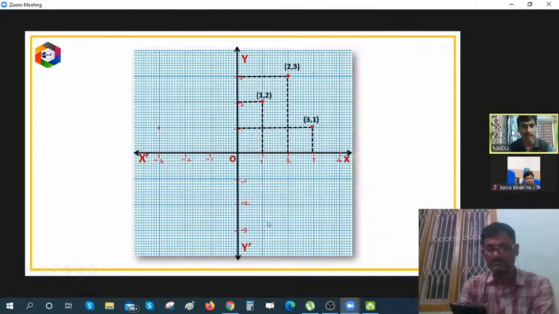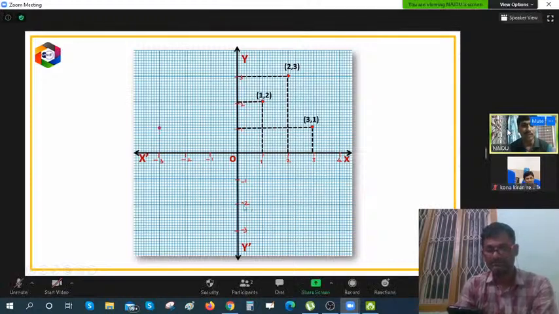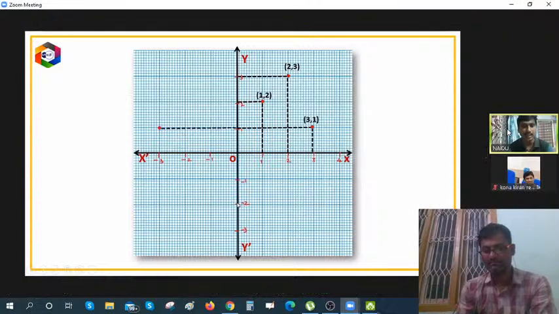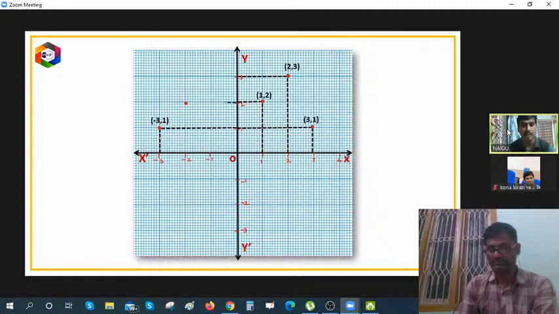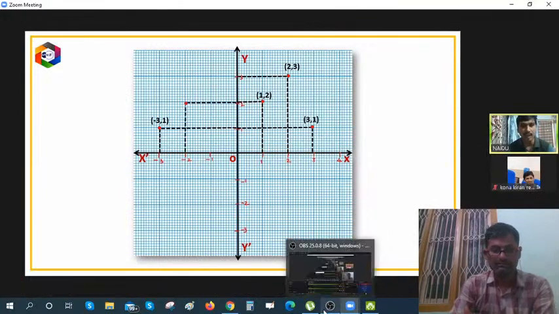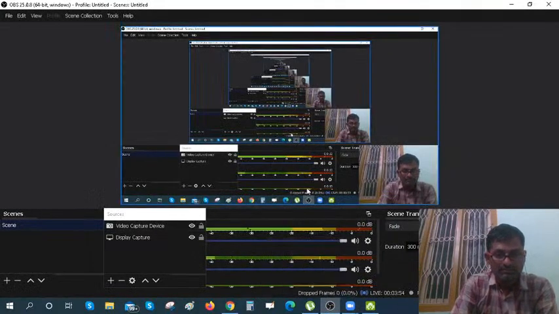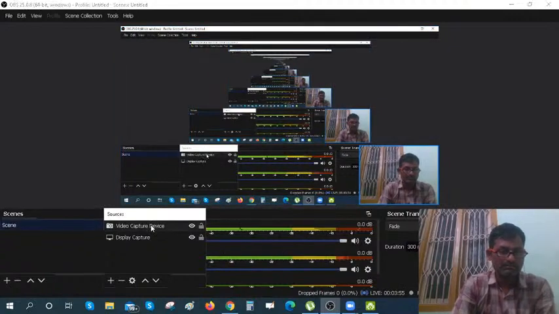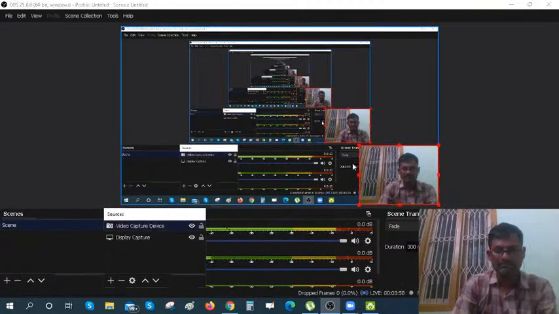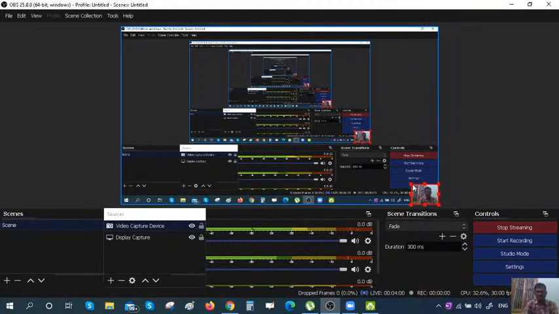Now I'm going to show some more points. Here I have taken a point in quadrant 2. It is 3 units away from the y-axis, in the negative direction of the x-axis, and 1 unit from the x-axis. Therefore it is (-3, 1). Another point is 2 units away from the x-axis, and it can be denoted as (-2, 2). Now I consider one more point in quadrant 3.